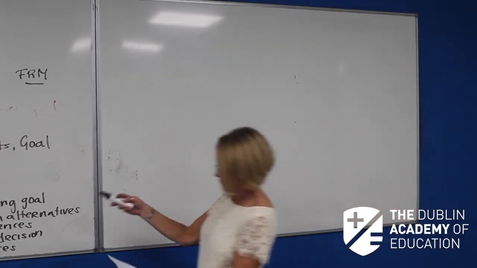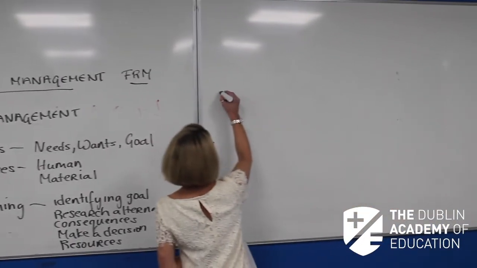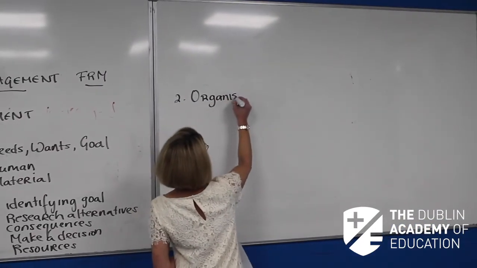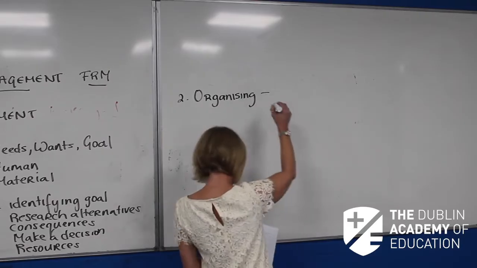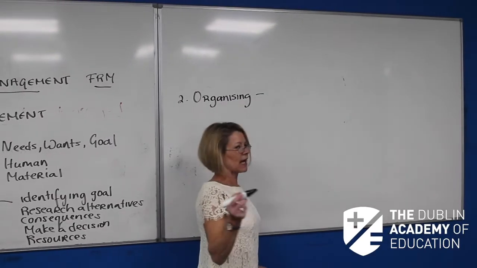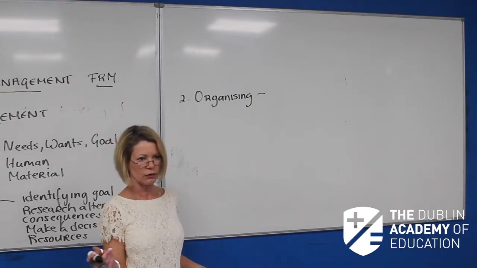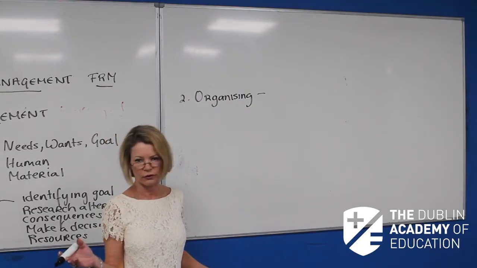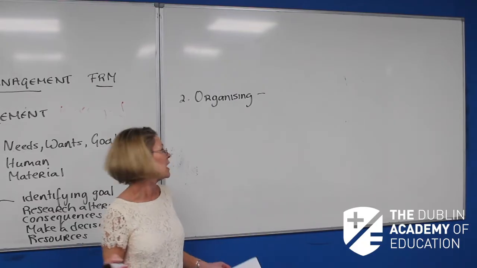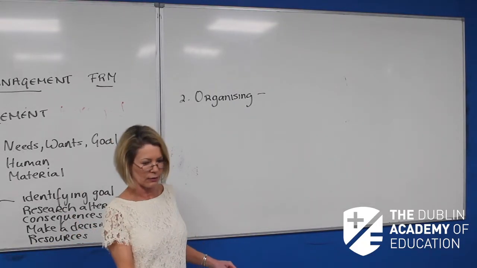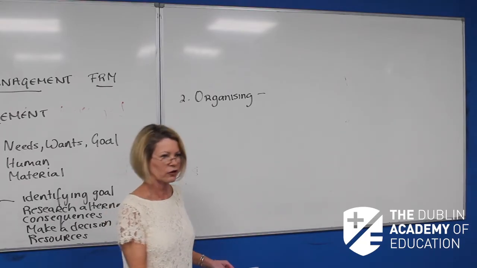The second step in throughputs is organising. So organising involves allocating tasks. So for example, to go back to our cake making our cake again. You could have your children helping you or your brothers and sisters. So you might say, well, Mary will weigh out the ingredients, Johnny will get out the mixer and mix the mixture.